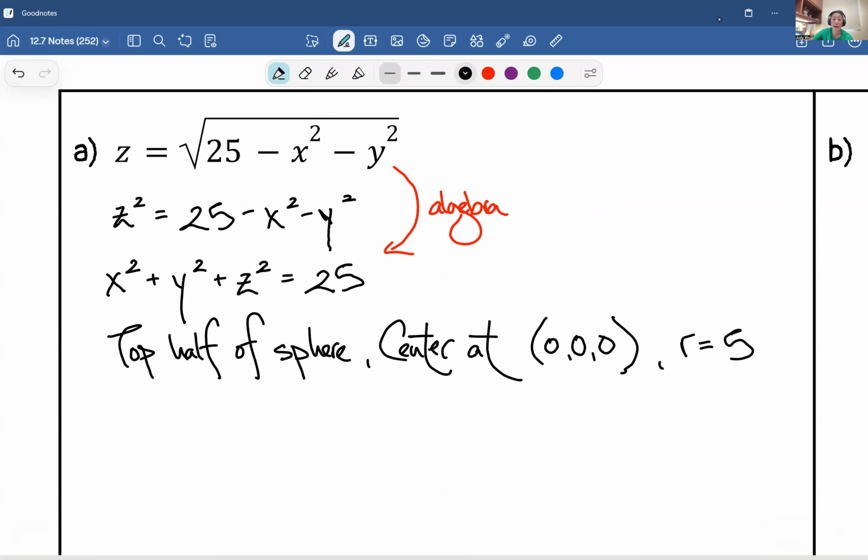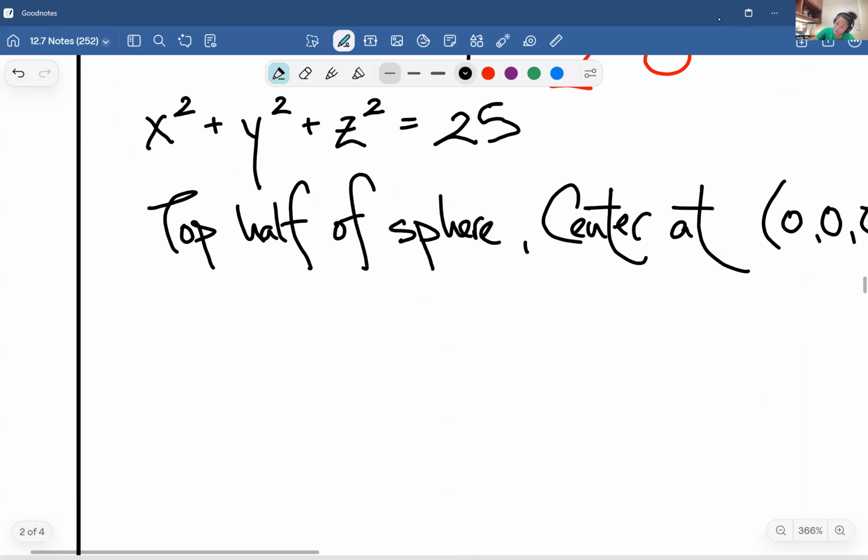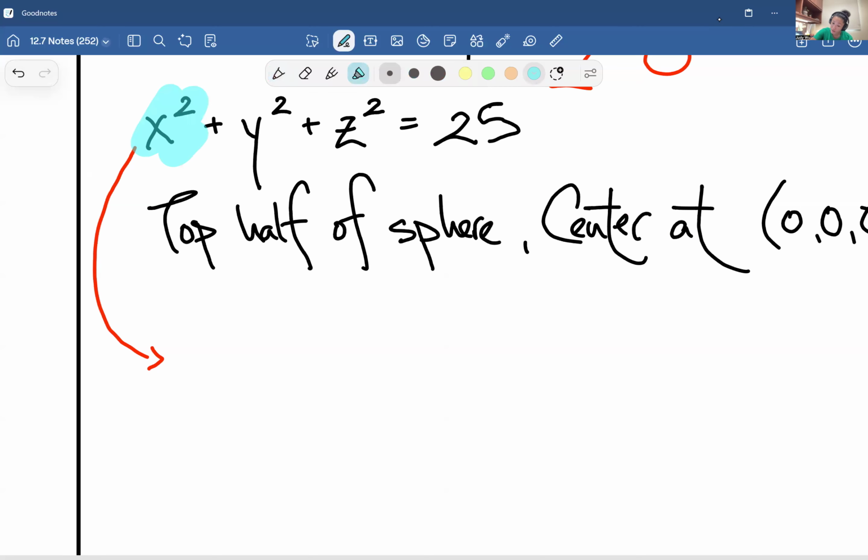Now, let's talk about how we can convert this to its spherical form. I'm going to take the equation where we had manipulated things, and if I look at my graphic organizer, x squared plus y squared plus z squared is the same as rho squared. So I can replace this whole left-hand side with rho squared, and I still have equals 25 on the right-hand side.